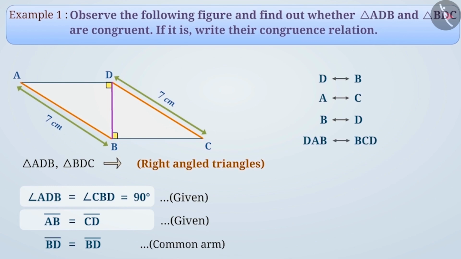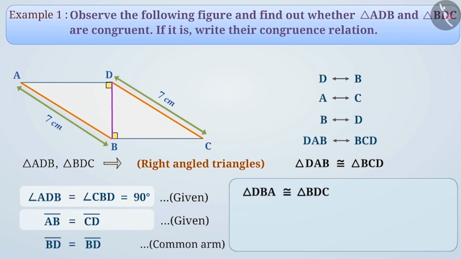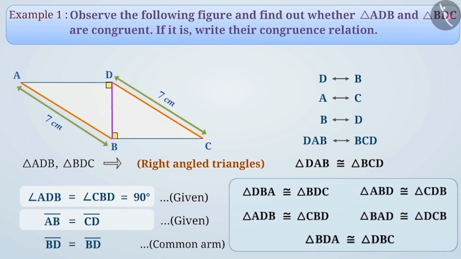With the help of these, it can be said that triangle DAB is congruent to triangle BCD. Keeping in mind the relations, we can also show the congruency of these two triangles in the following way.